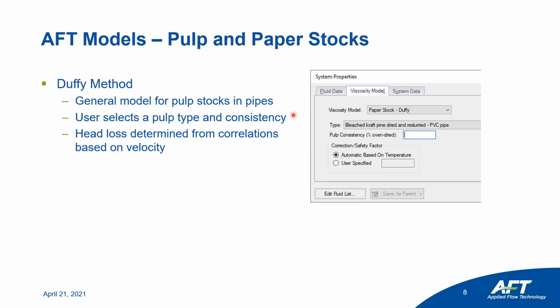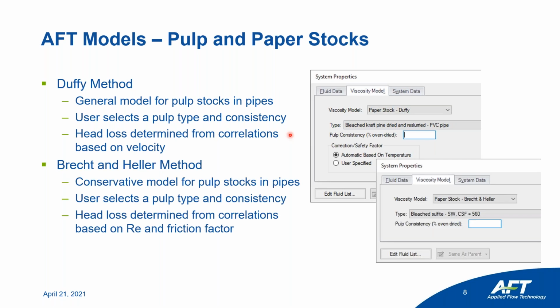To use the model, the user is going to select a pulp type here and a pulp consistency. And then once you've defined this model, Fathom or Impulse is going to go through and determine the head loss in each pipe using correlations based on velocity. These correlations come from the Technical Association of the Pulp and Paper Industry, or TAPPI, and they're a pretty broadly used set of correlations.